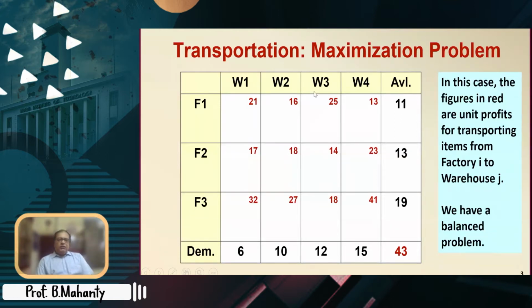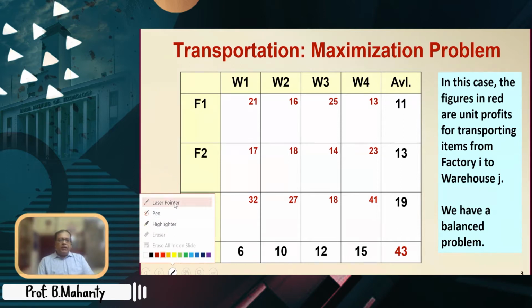Now, this particular problem is familiar to you because we have solved this problem for minimization, and various other variations also we have solved where the availability is more than demand or demand is more than availability.